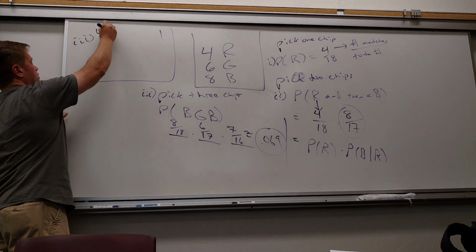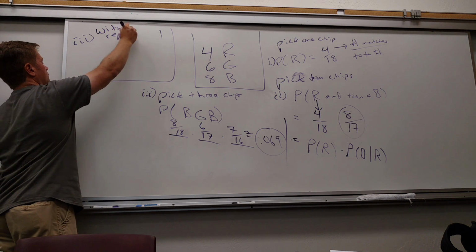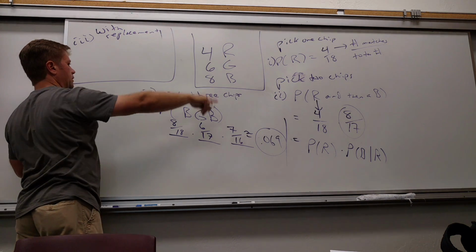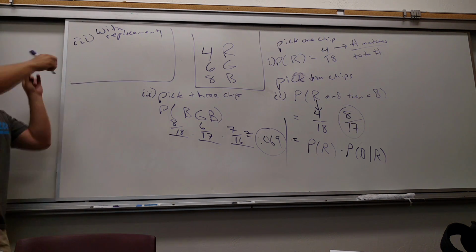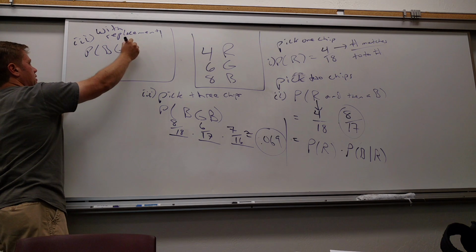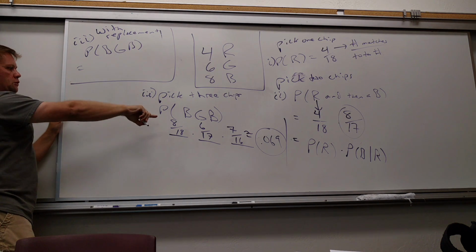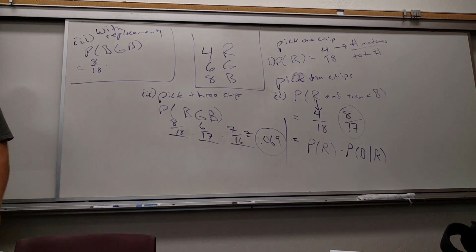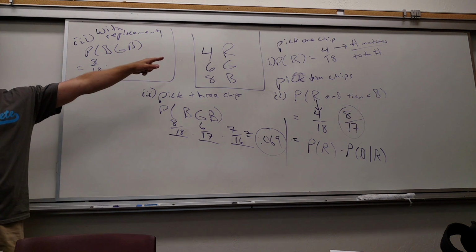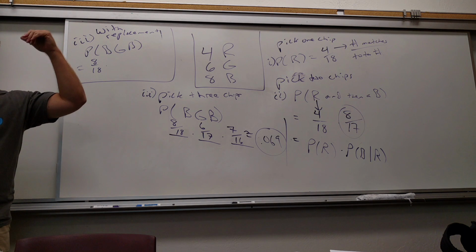So if I do this with replacement, this one is without replacement. I pick 3 different chips. So I throw the first chip away, throw the second chip away. This is putting them back in. So the only difference is it's actually easier. Probably the first one's blue is 8 out of 18. I then put that chip back in. So what's the probability of getting a green chip now? 6 out of 18.